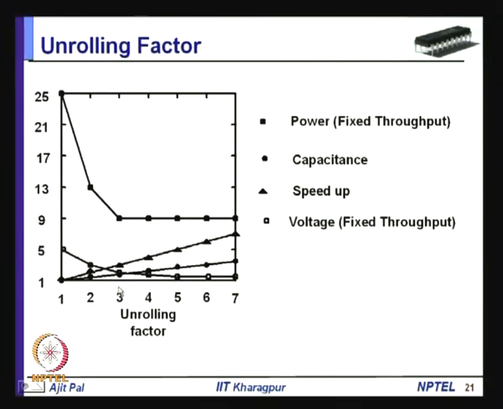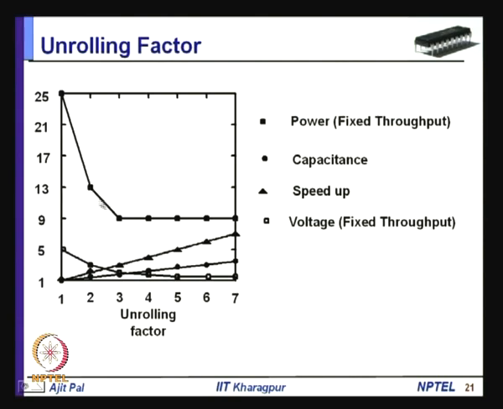So, the benefit that we achieve by unrolling more times is shown in this particular diagram. First of all, let us focus on the power dissipation. Whenever we unroll 2 times, there is a significant reduction in power dissipation. We have seen a 50% reduction in power dissipation, keeping the throughput the same.